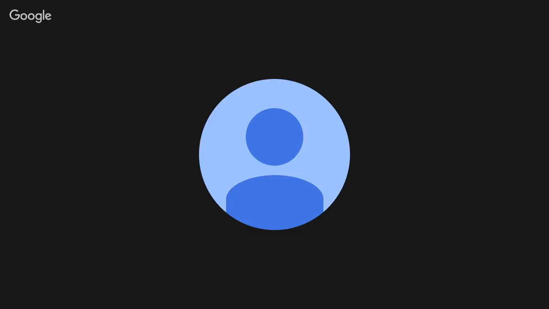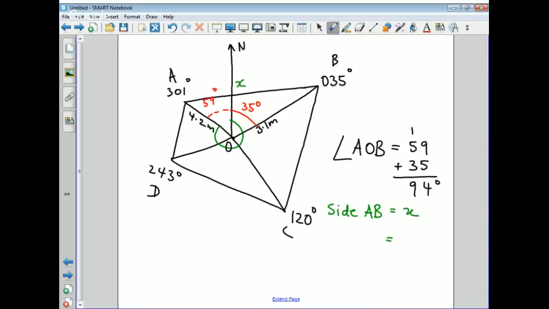We've got two sides and the included angle, that's got to be the cosine rule. Let's use a squared plus b squared equals c squared? No, because that's for a right angle triangle. All right, so cosine rule.